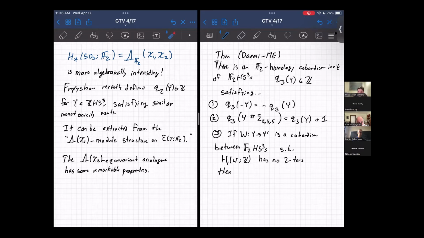Then we have an inequality bounding the absolute difference of the change in Q3 as I cross the cobordism.